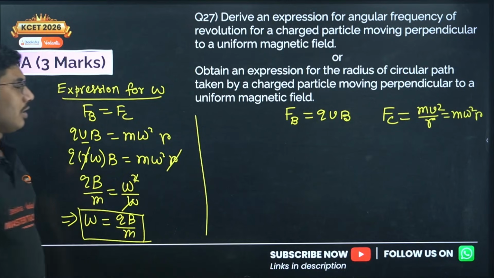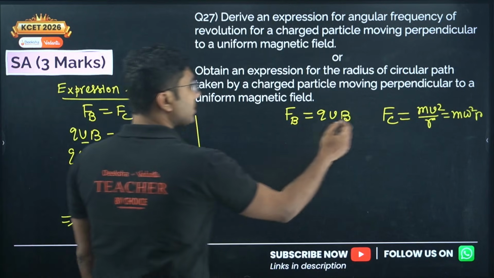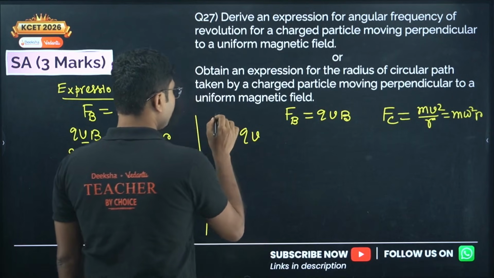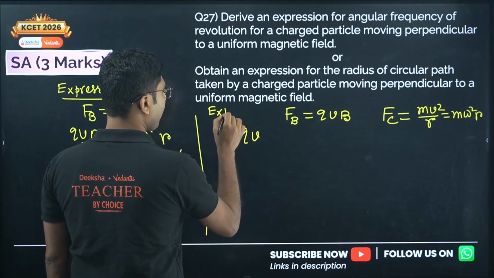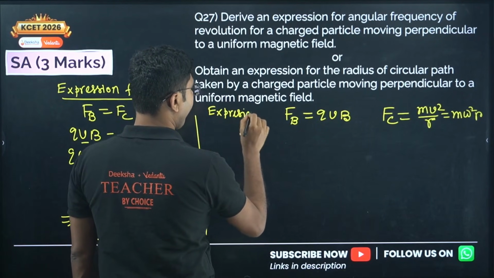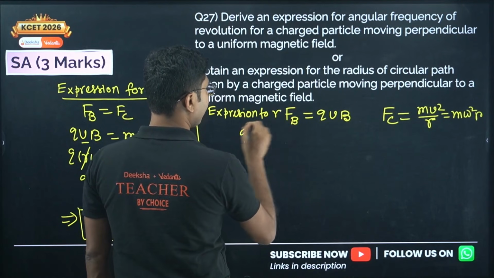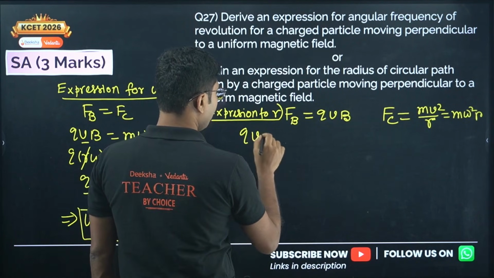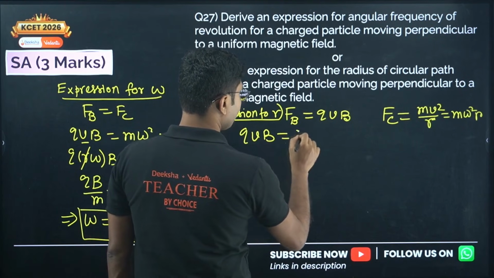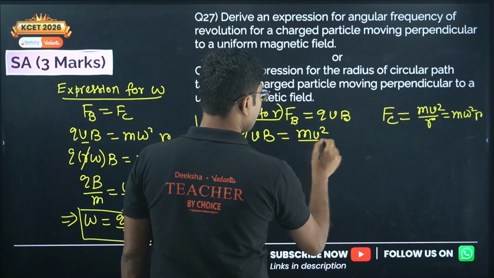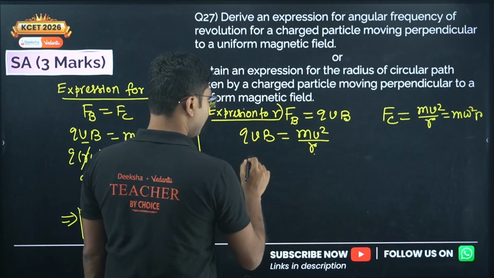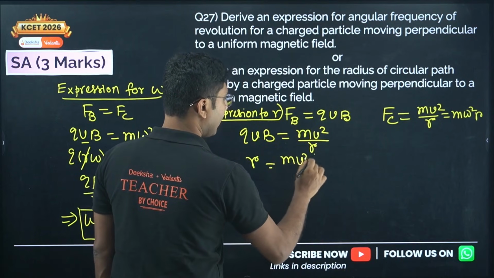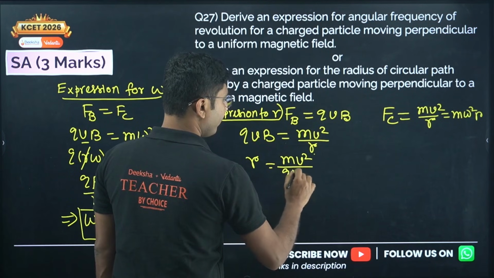Now what about radius? Radius is easy, just compare these two forms. So now it is the expression for R. QVB equals mv square by R. So R comes over here and the remaining goes to that side, so mv square by QVB.